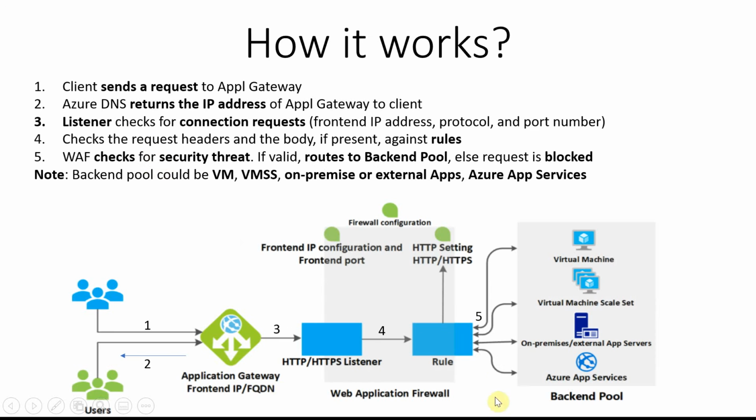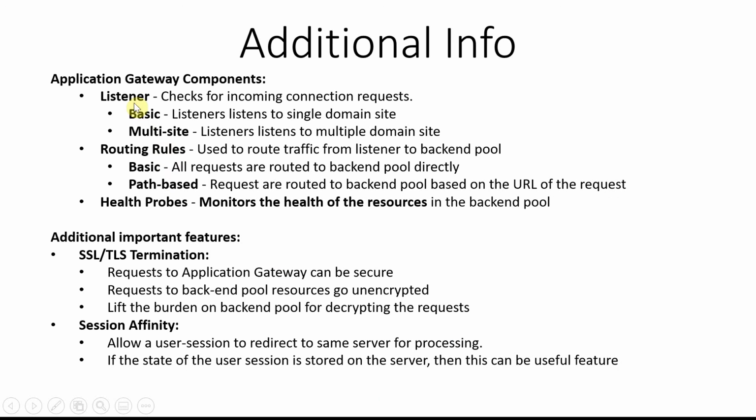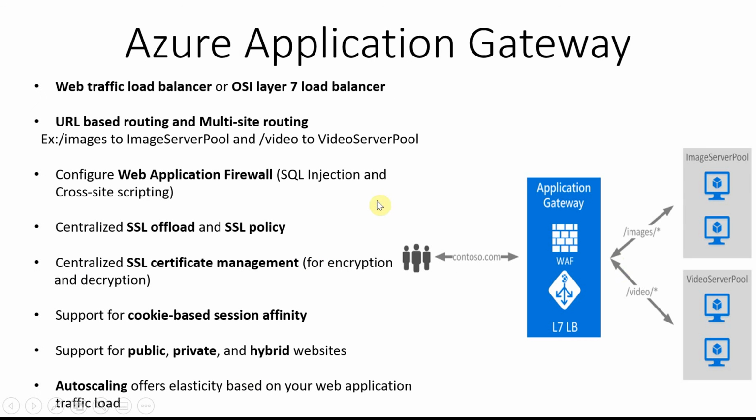Also, these routing rules that we refer to here are used to route the traffic from the listener to the backend pool. Again, here we have basic and path-based. Basic is a very simple rule where all requests are routed to the backend pool directly. But if you want to apply path-based routing, like we saw here, images to this pool and videos to this pool, that is also called URI-based routing or path-based routing.